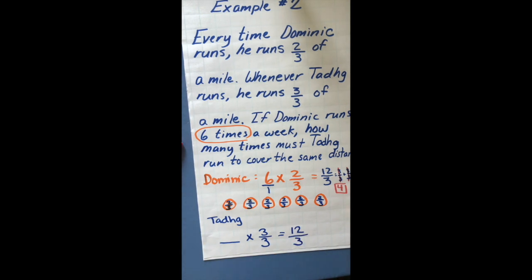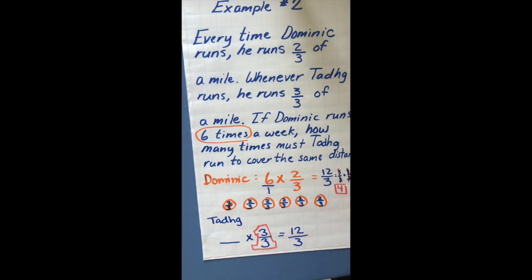So this is pretty easy because I know this is equal to 1 whole. And we just found out that Dominic ran 4 whole miles. So all I have to do is put a 4 here. And that should be the answer.